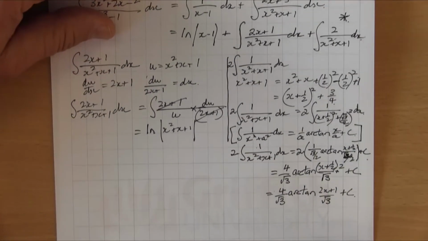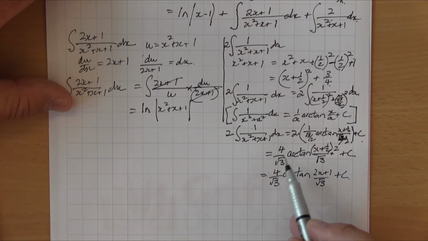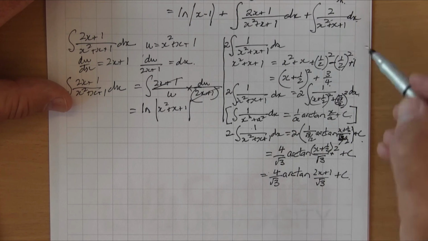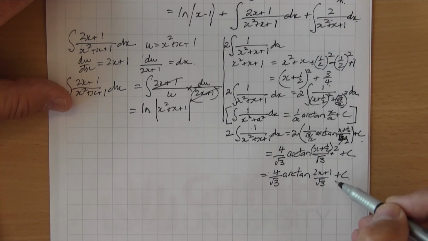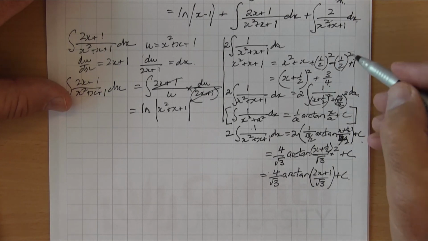So if we go back up, we've simplified the last integrand to that. So we should put this in brackets because it'll be arctan of that.